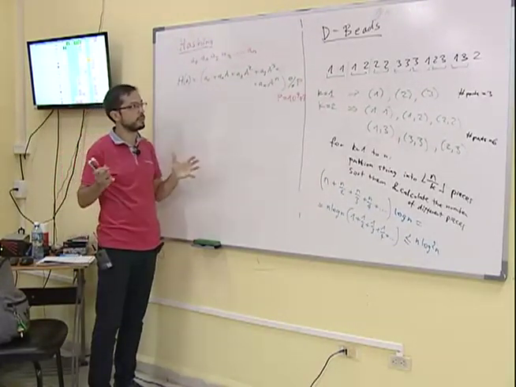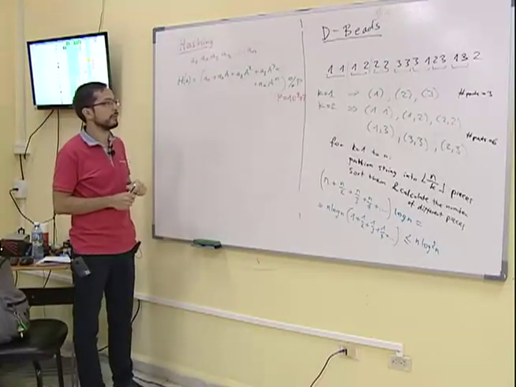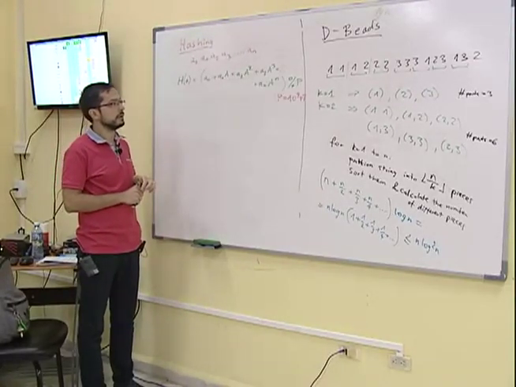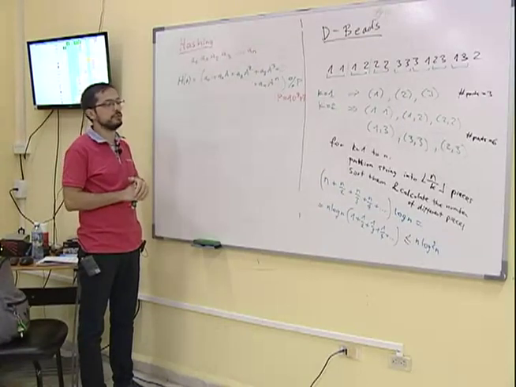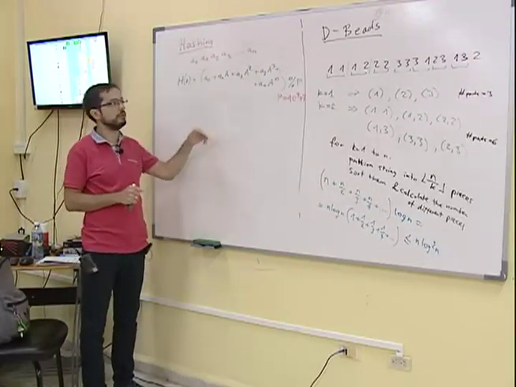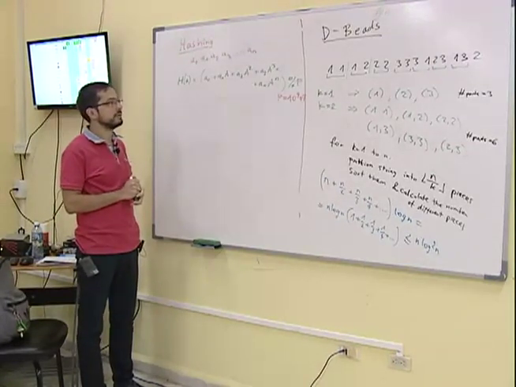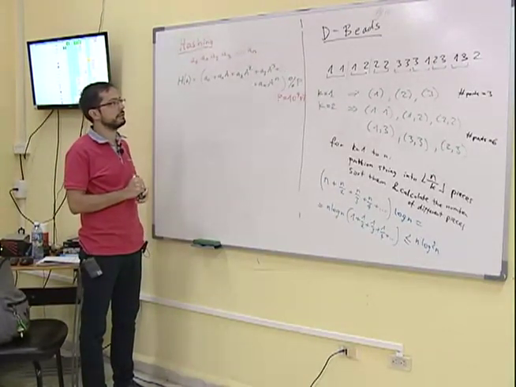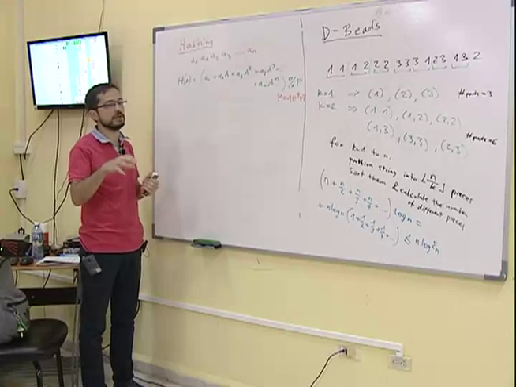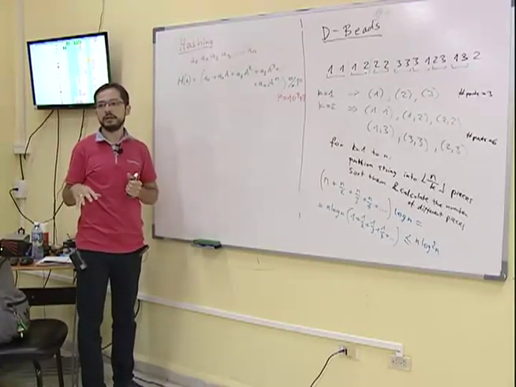So if p is big, the probability is very, very small. If you want to reduce the probability even more, you can do hashing two times with two different prime numbers, and basically you can get this probability as low as you want.